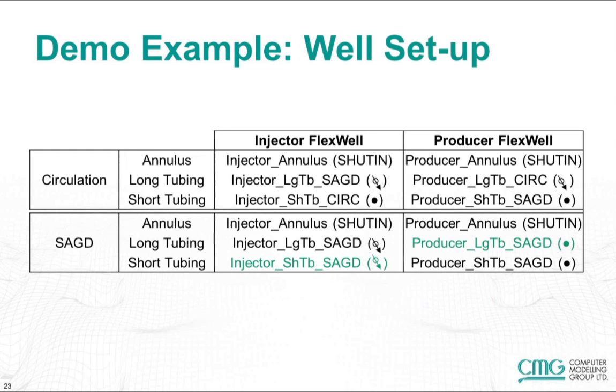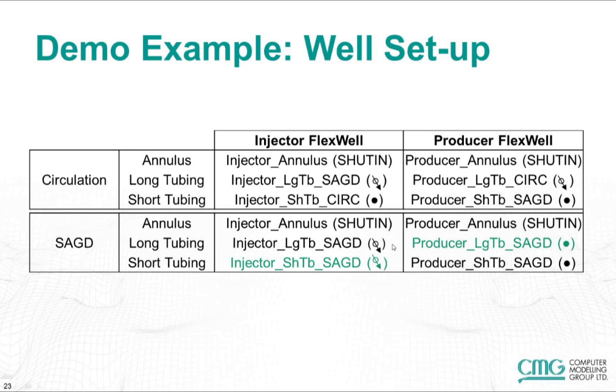Before I switch to Builder, I'll go through the setup. So as I mentioned, in the circulation phase, the annulus would remain shut in. The long tubing, we would be injecting in that, and we would be producing the returns from the short tubing. When we switch to the SAGD phase, the annulus would continue to be shut in.